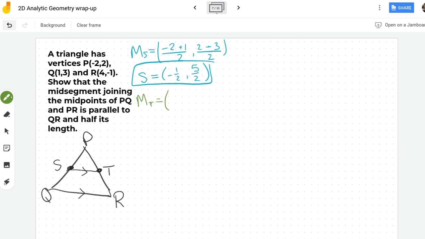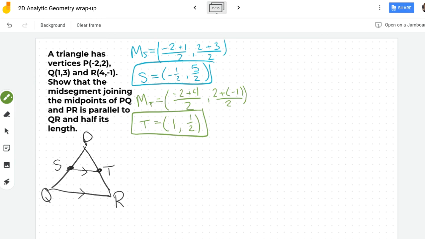So midpoint of PR, -2 plus 4 over 2, comma, 2 plus -1 over 2. -2 plus 4 is 2, divided by 2 is 1. 2 plus -1, 2 minus 1 is 1 over 2. So these are the coordinates of point T.